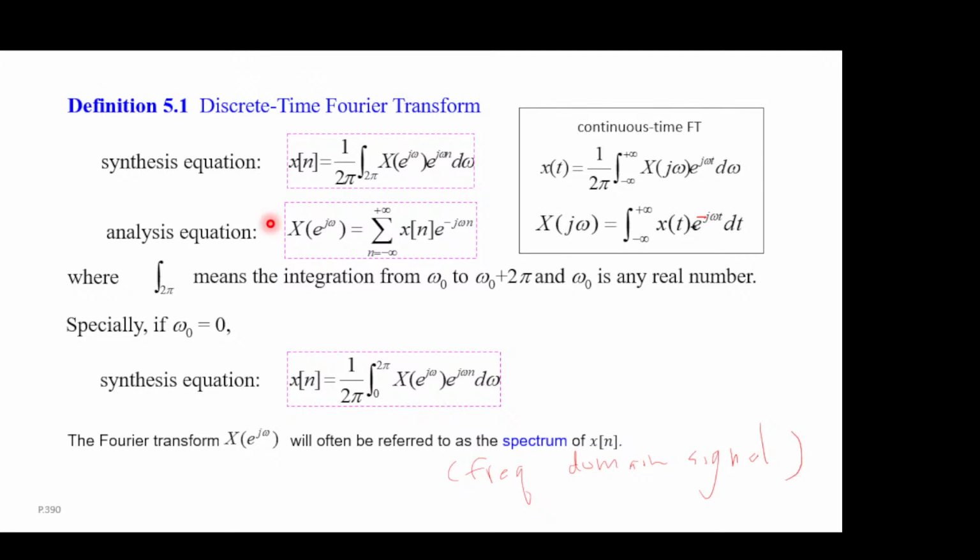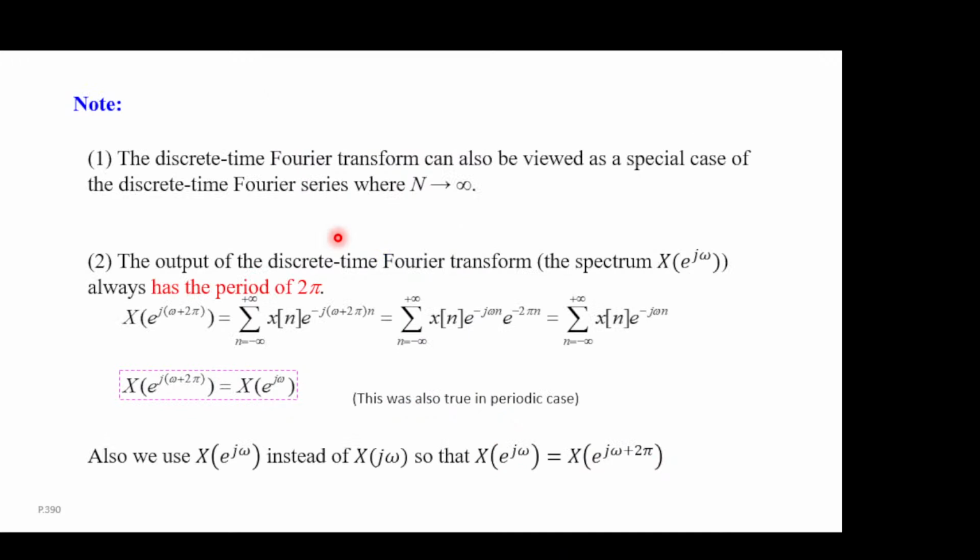So sometimes we just say when you see small x, you are looking at the signal in the time domain, and when you see big X, you are looking at the signal in the frequency domain. That's the same as what we had in chapter 4.